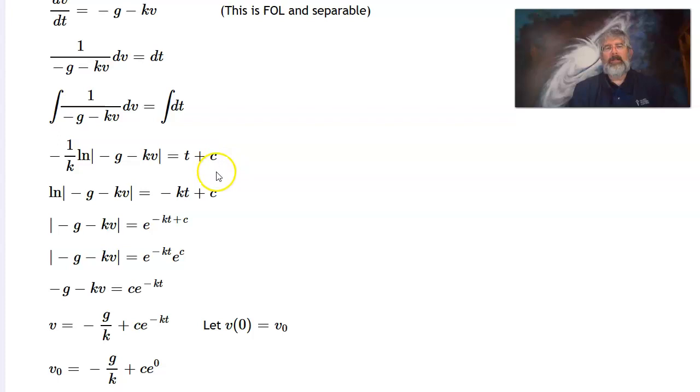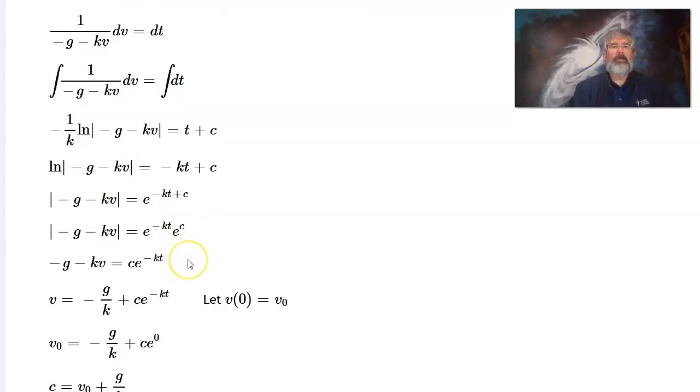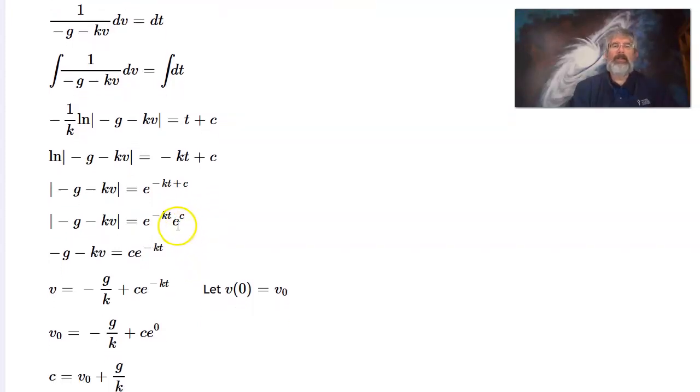The c times negative k is just some other constant, so I'll leave it as a c. I'm going to exponentiate both sides to look like this. Then the e to the sum of those two exponents is the product of the individual e's to those exponents. But then e to the c is a positive constant, where just c is a positive or negative constant, which allows me to get rid of the absolute value signs.